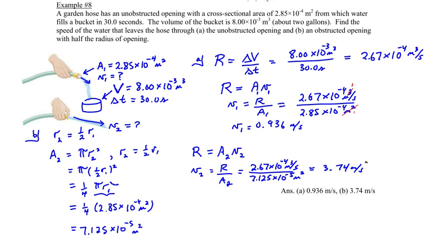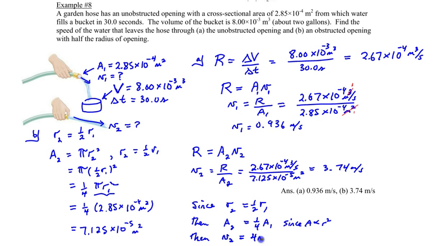Now, you probably didn't need to go through all this. You could answer this conceptually. Since R2 is half of R1, A2 would be a quarter of A1, since area is proportional to R squared. Then if you quarter the area, velocity 2 will be 4 times velocity 1.